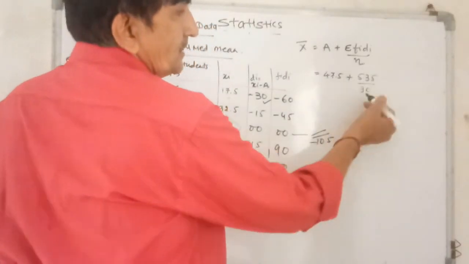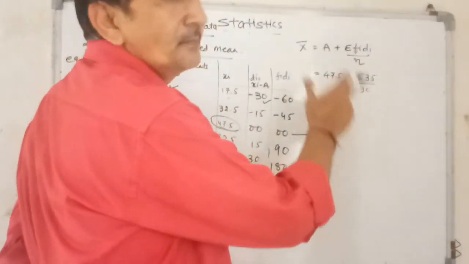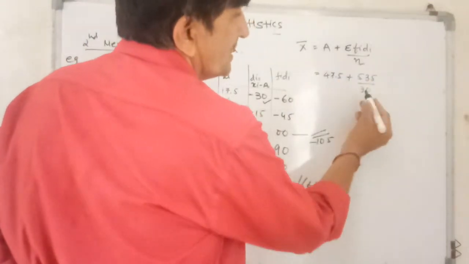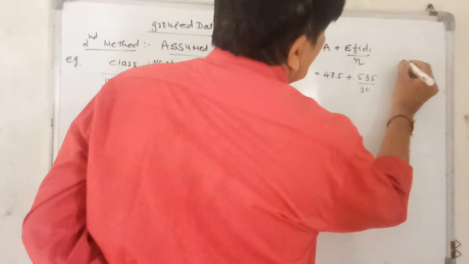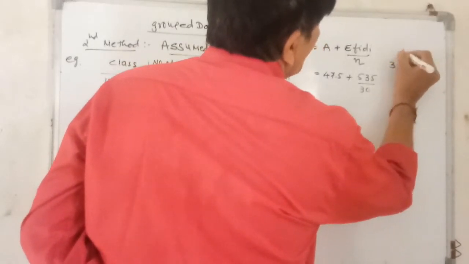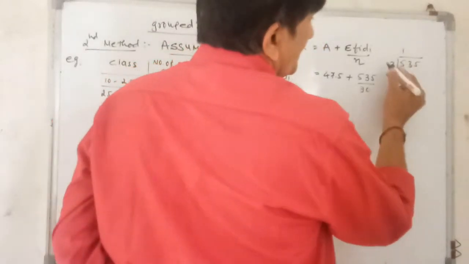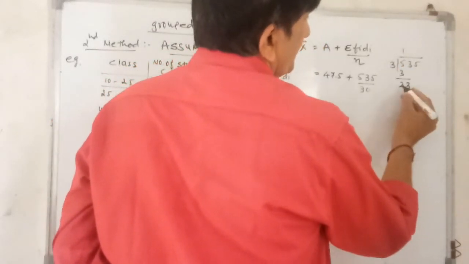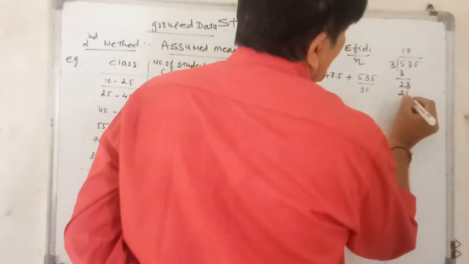Don't forget to divide this number first, okay, whatever it will be in a decimal or whatever it is. 30 means we can write 3 into 10, okay. So 535 divided by 3. 3 ones are 3, 2 remain, 3, 7s are 21.